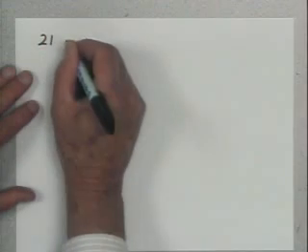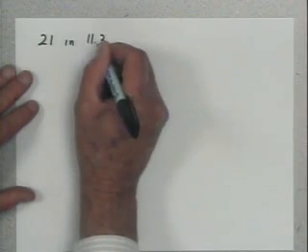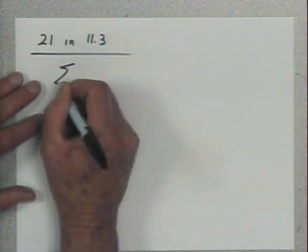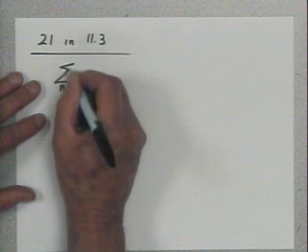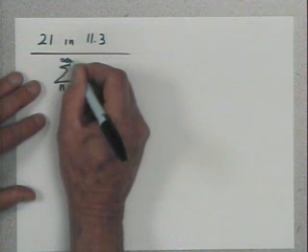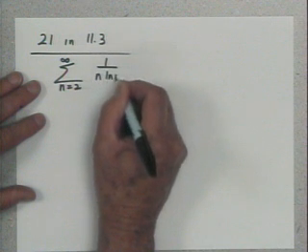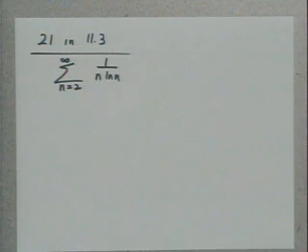This is number 21 in 11.3. The original series starts with n running from 2 to infinity, and it's 1 over n natural log of n. Okay, when I see natural log of n involved in a series, I know it's probably the integral test.